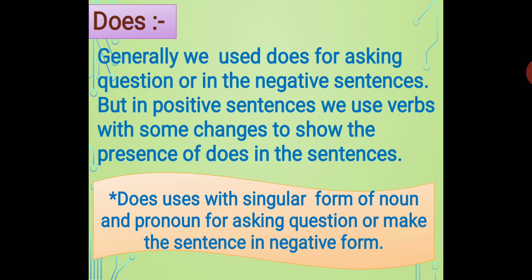If we want to write them in a positive form, if we want to apply do in the sentence, then do affects the main verb. Same as does affects the main verb. So we have to do some changes in the verb.